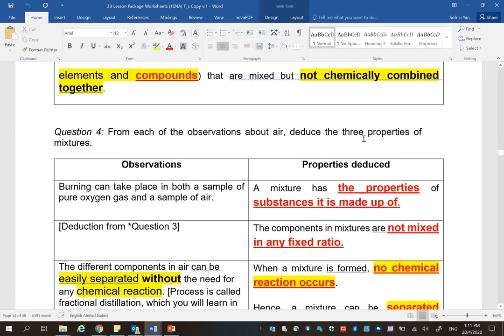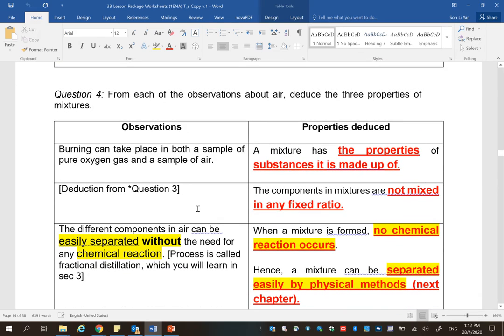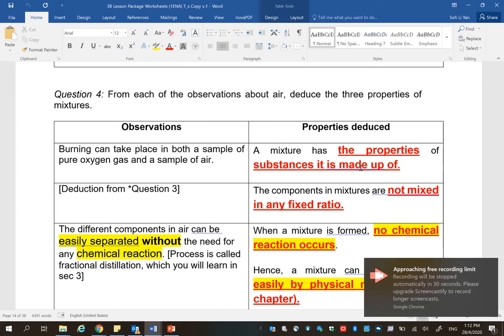So what are the properties of a mixture? As I highlighted in the previous video recording in the PowerPoint slide, the mixture has the properties of the substances it is made out of. Remember the example of air. Why is air able to support burning? Because it's got oxygen. Why is air able to turn lime water chalky? Because of carbon dioxide.